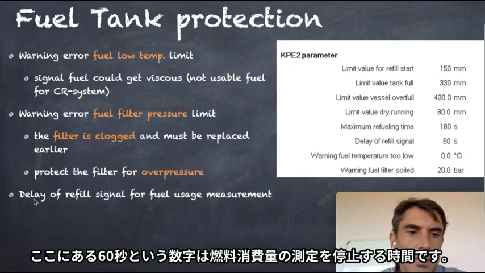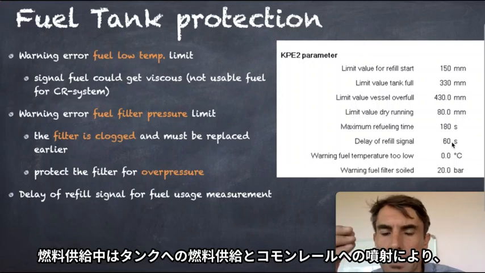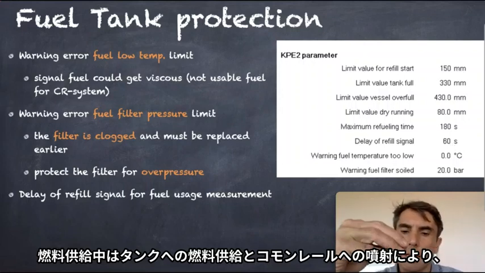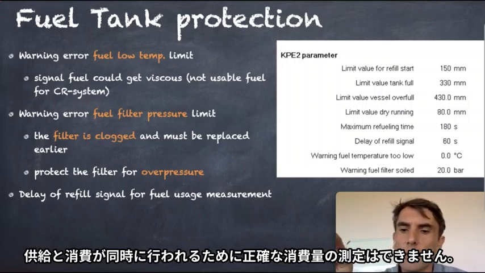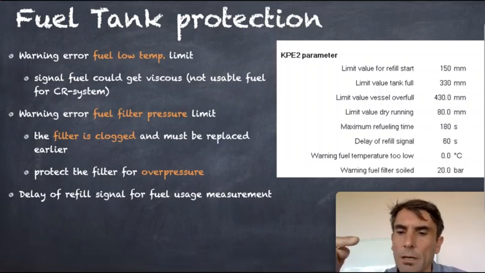Okay, then we have the delay of refilling signal for fuel usage management. So this is 60 seconds. You have to understand, if we refill the tank, during the time of refilling the tank, we cannot measure the usage of fuel from the engine, because we're refilling at the same time we use fuel for the engine to keep it running.